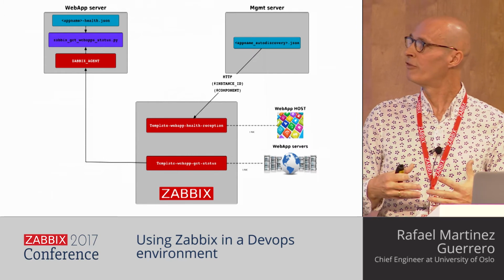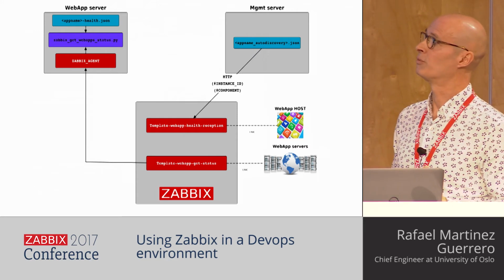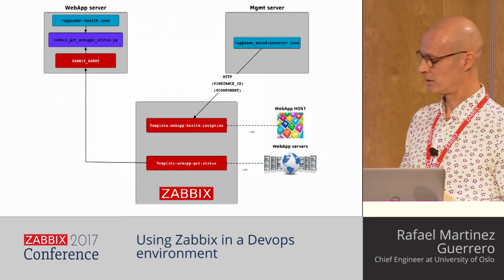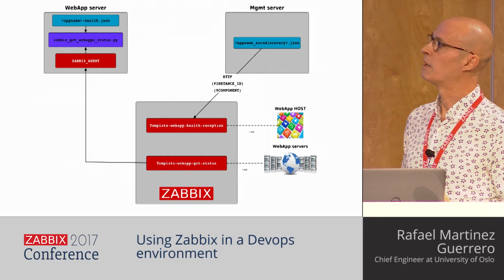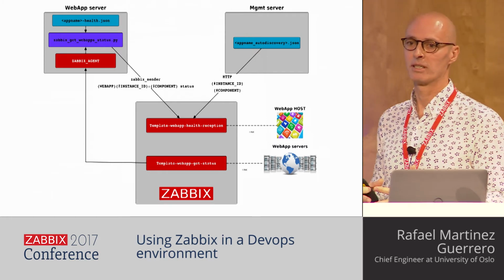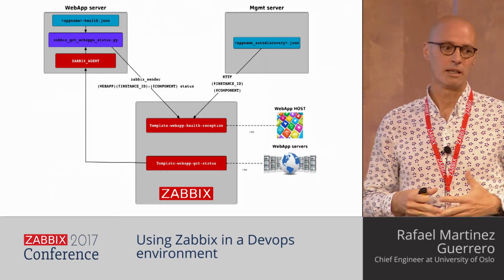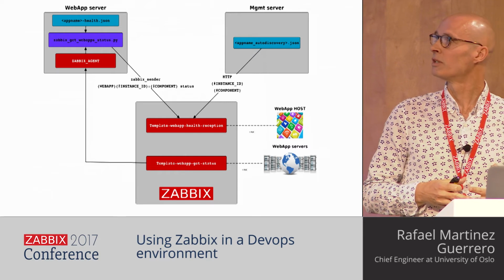And that script will find out all the instances and components and the status of these components in that server, and will generate the information needed by the Zabbix sender, the software that we get via the Zabbix core.